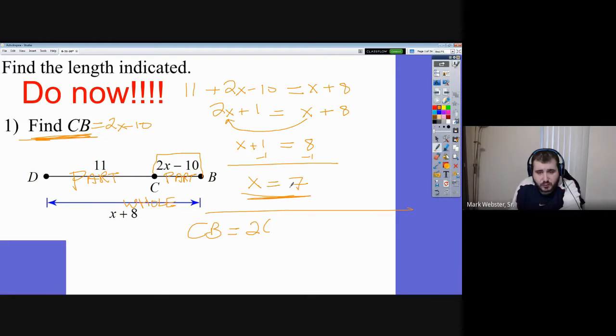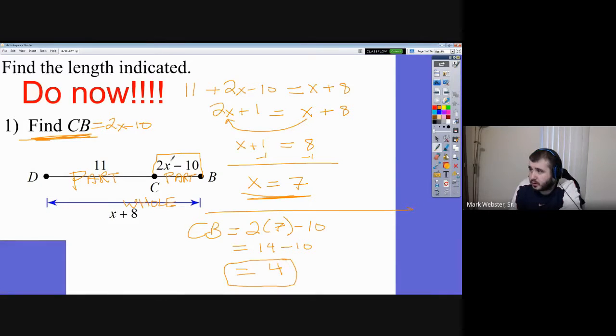Two times x. Well, what's x? X is 7, so it goes in there. Minus 10. 2 times 7 is 14. 14 minus 10 is 4.